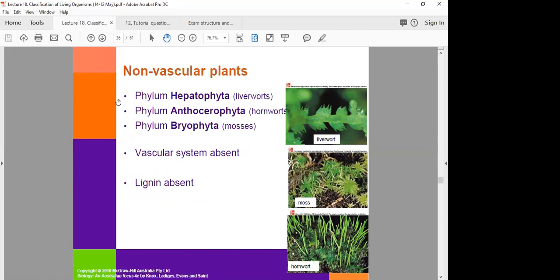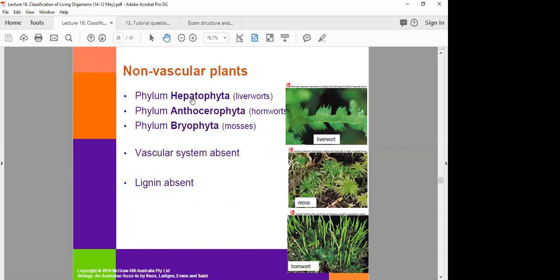All right, now let's look at the major phyla found within the kingdom Plantae. And we'll start with this group. These are the non-vascular plants, meaning that they never evolved that vascular system which contains xylem and phloem. 3 phyla here: phylum Hepatophyta, liverworts, the hornworts, and the mosses.